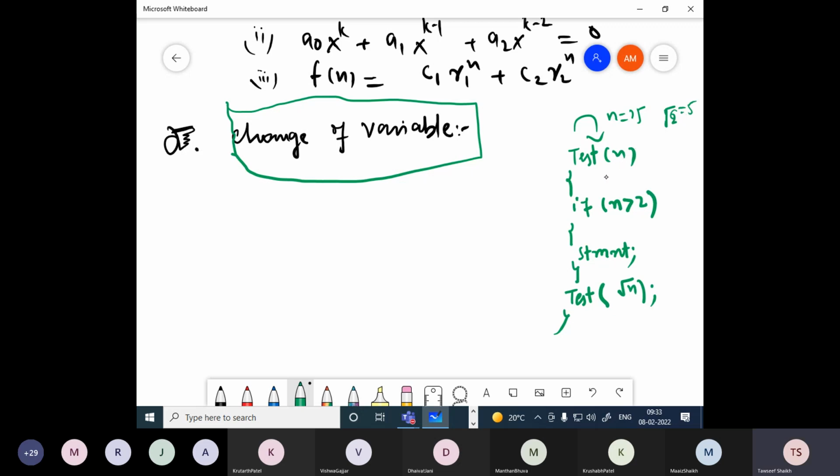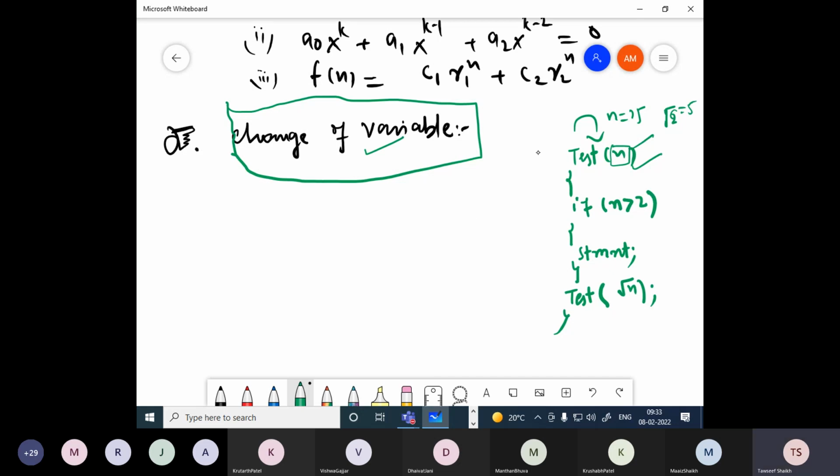It becomes a recursive call, and the parameter value also decreases. But the way it was decreasing in case of dividing functions and decreasing functions is different here in case of this under root one. So such types of problems are solved by changing the variable.